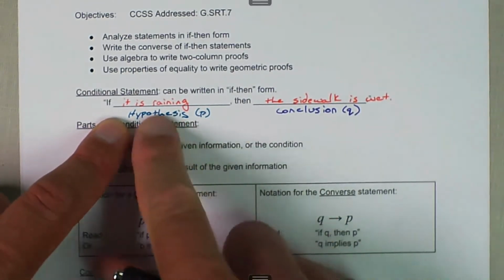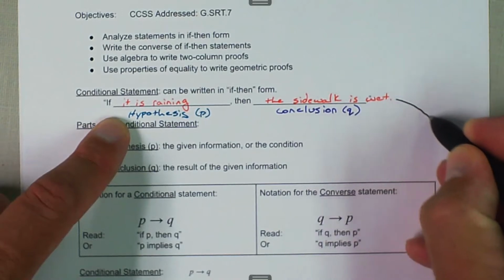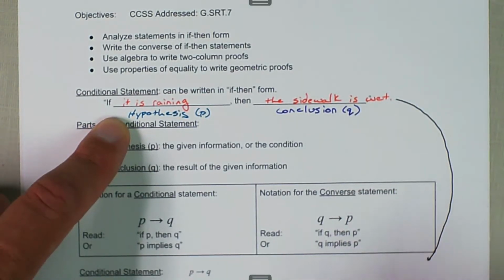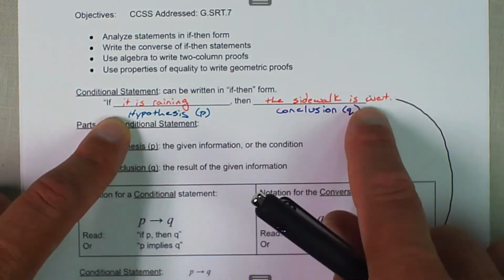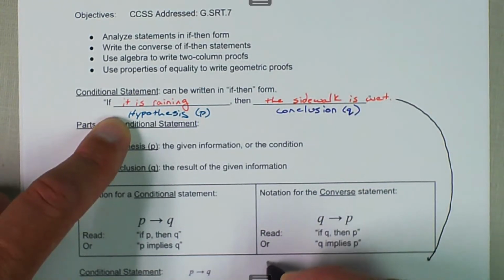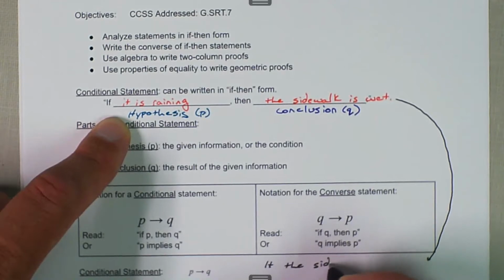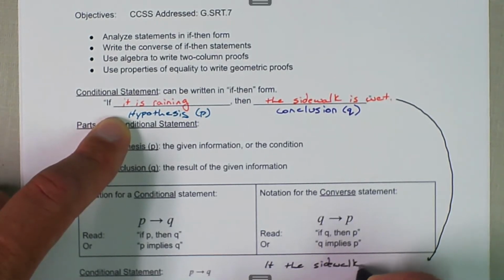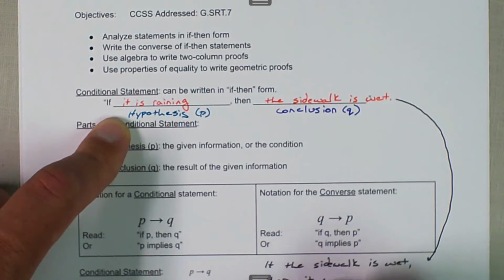If it was the converse of this statement, you can draw a little arrow, and we're going to write the conclusion first. If the sidewalk is wet, then it is raining.